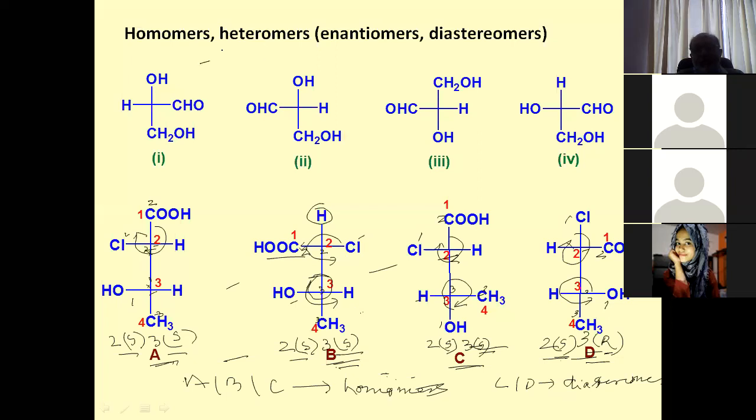How many have joined here? Let me see. Only 25 people have joined. The rest could not join. The total strength is 53, and out of 53 only 25 have joined. That means it is less than 50% attendance. We cannot have it like this.